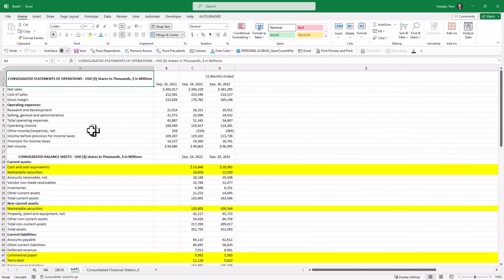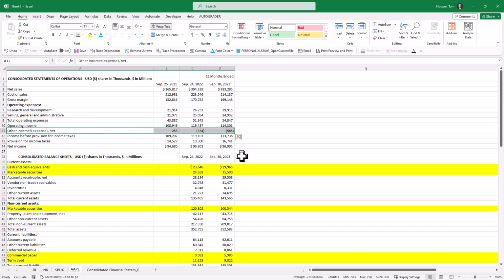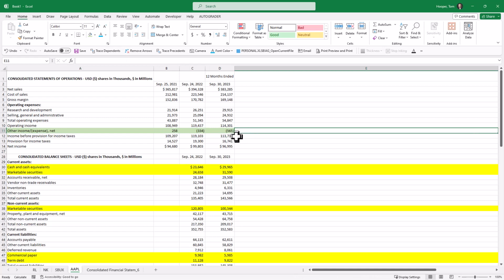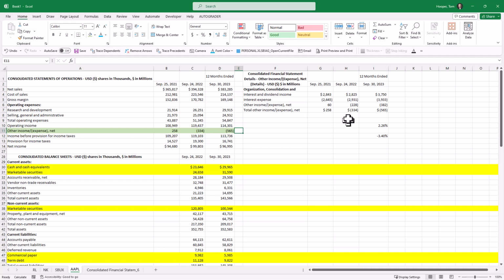Notice on the income statement that Apple didn't really tell us anything about interest expense or interest income. From reading the notes, I know that the closest they got is right here. I'm going to color that a slightly different color. Now, I'm not sure what kind of interest that is, so I'm going to look closer at the notes and pull in one of the notes to the financial statements, which includes this table.